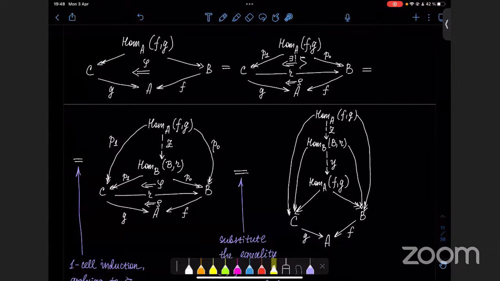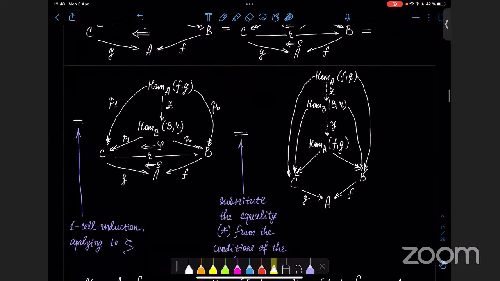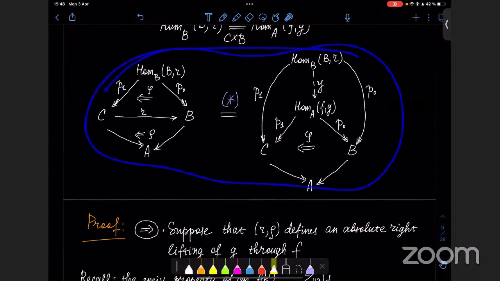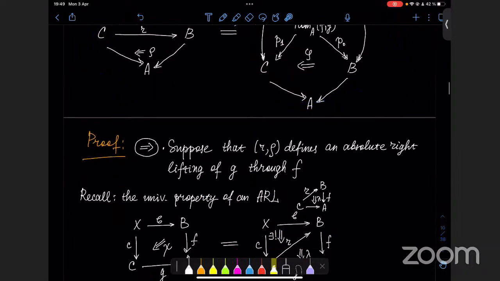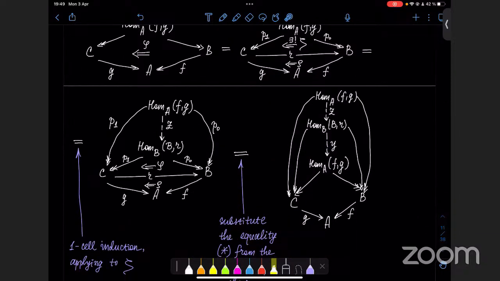Then you can substitute the equality into the diagram, and then you will have the following diagram.